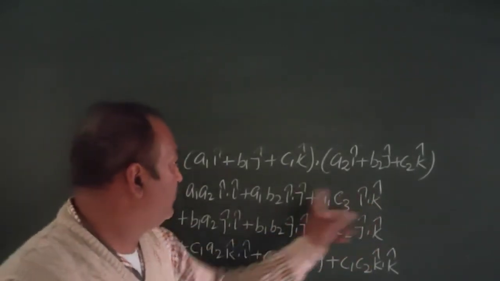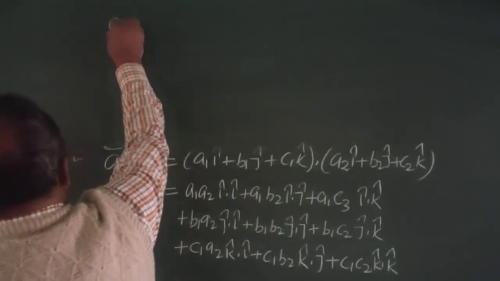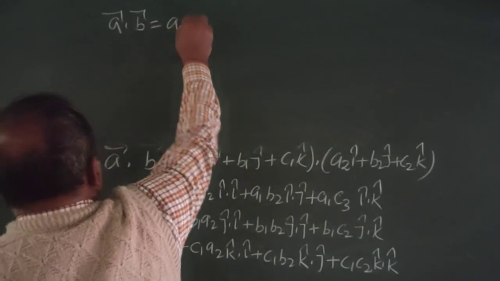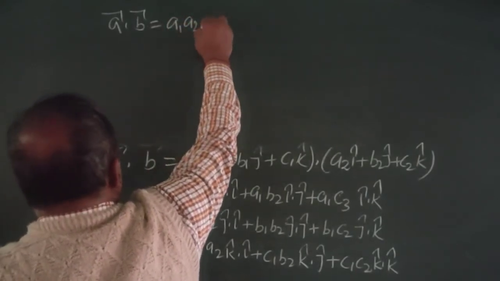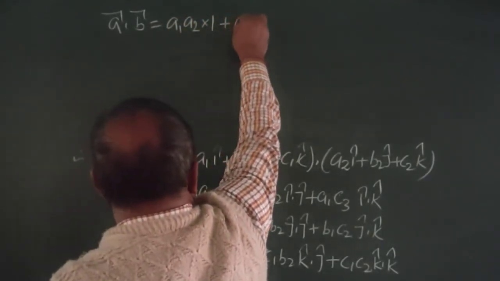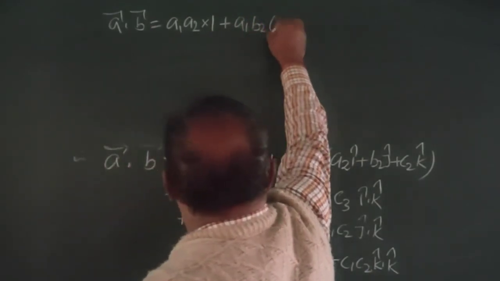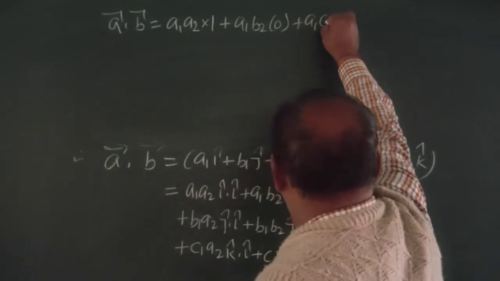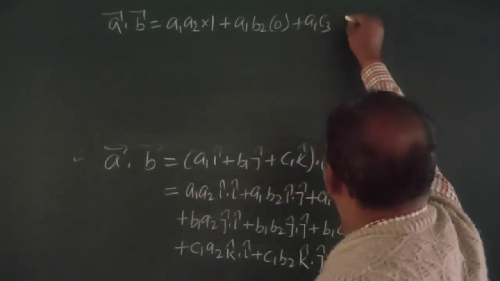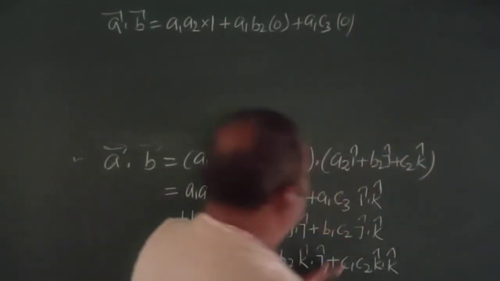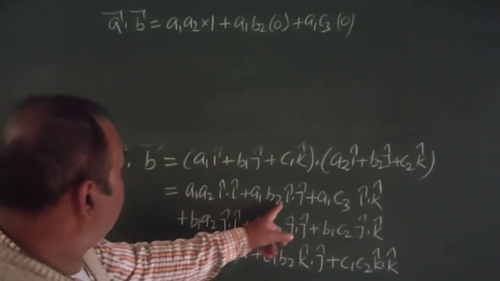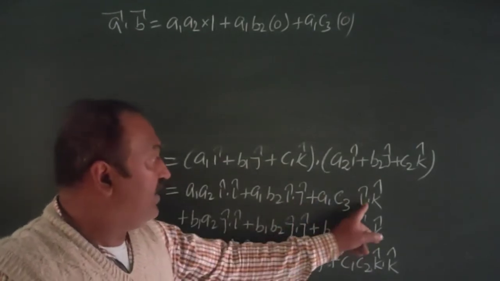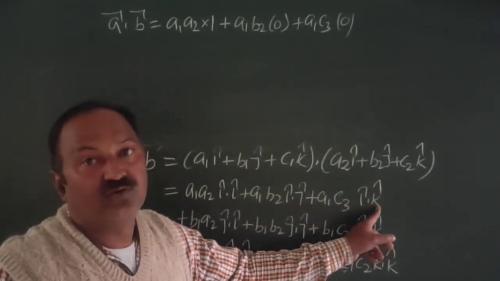Because they are perpendicular to each other, it becomes A vector dot B vector is equal to A1 A2 into 1 plus A1 B2 into 0 plus A1 C2 into 0. Because I dot I is equal to 1, I dot J is 0 and I dot K is also 0.